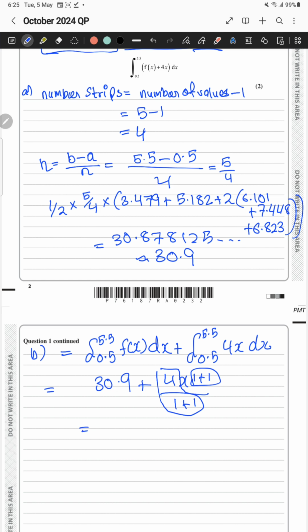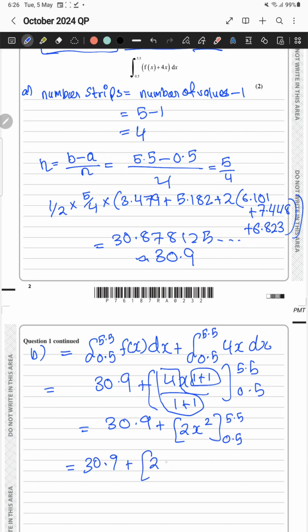So when you do that, you are going to get 30.9 plus 2x squared between 5.5 and 0.5. Now 30.9 plus 2 times 5.5 squared minus 2 times 0.5 squared.